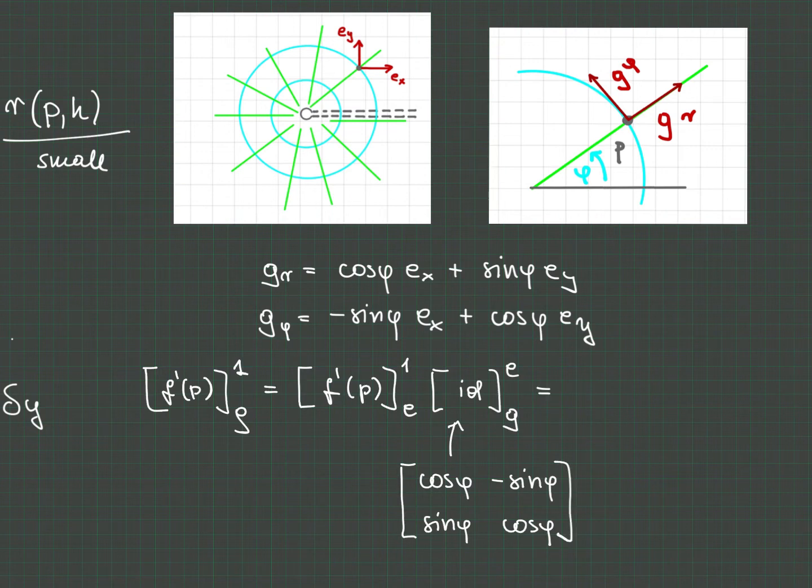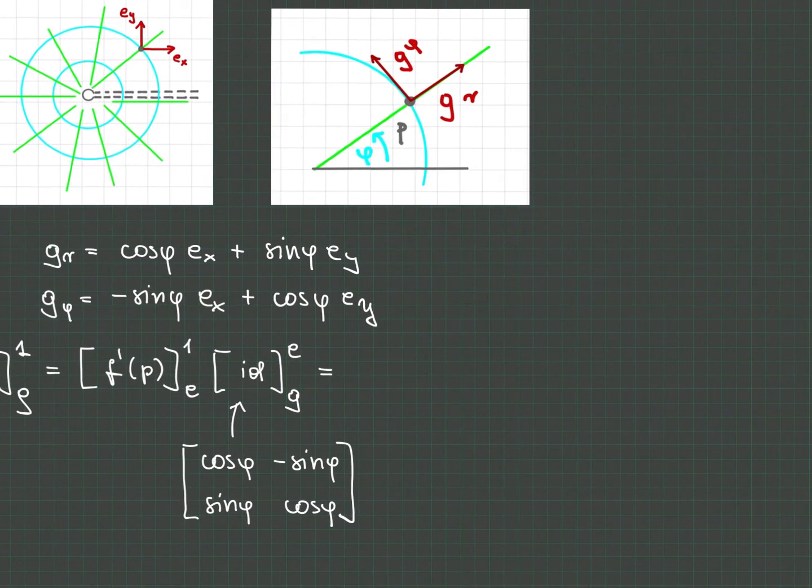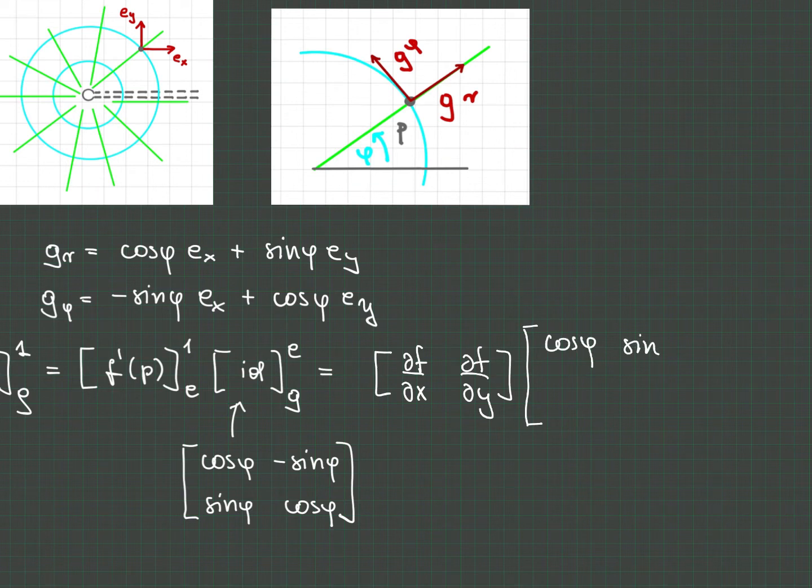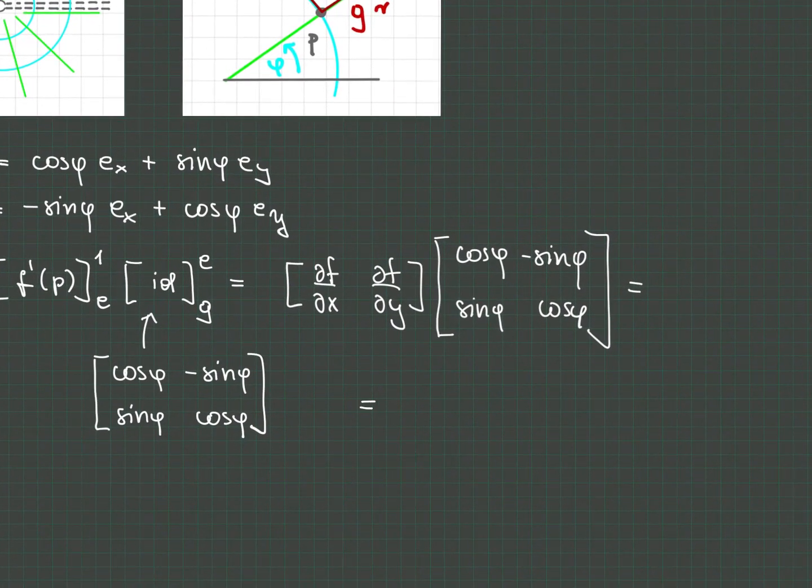So the result is as follows. Here I have df/dx, df/dy multiplied by the matrix, and what is the result?